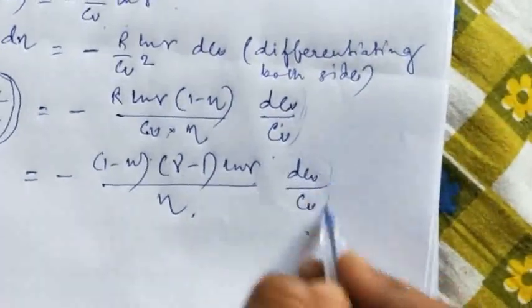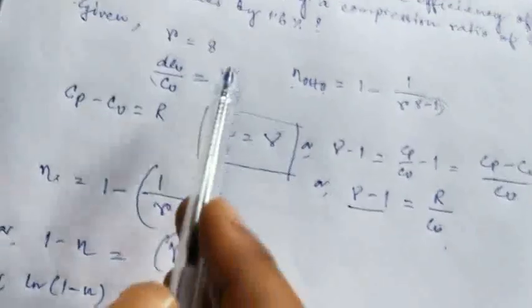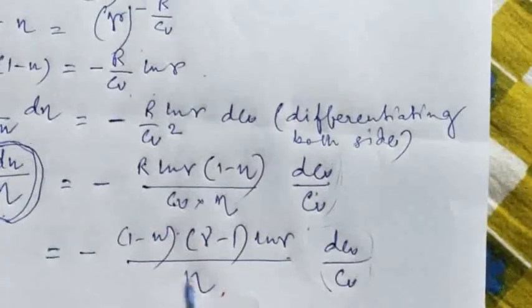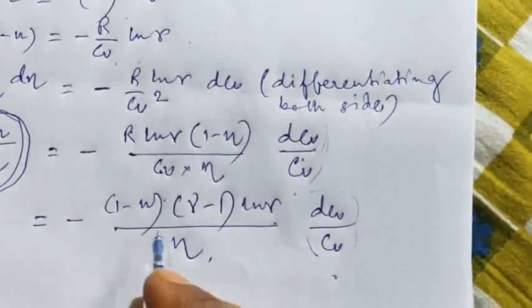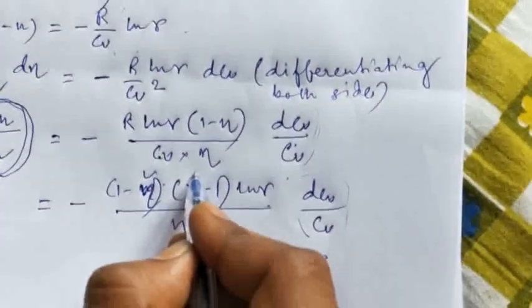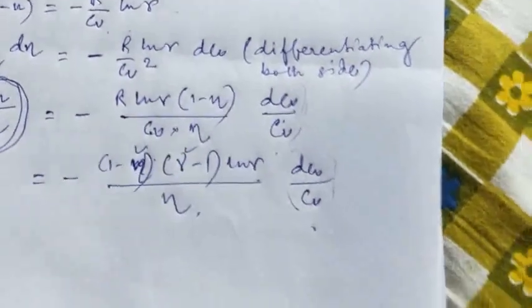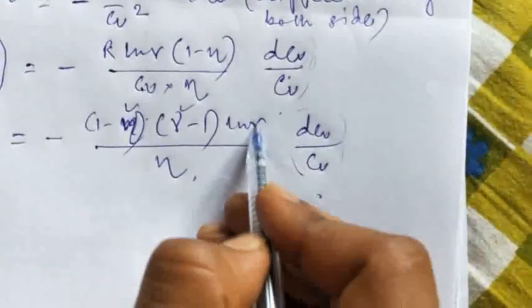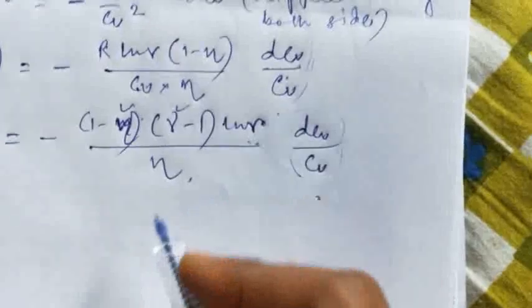See, this value is given, this value is given, and we need to calculate this value. That's why we have to know the value of this efficiency, and we know the value of gamma is 1.4, and the compression ratio r is given as 8.